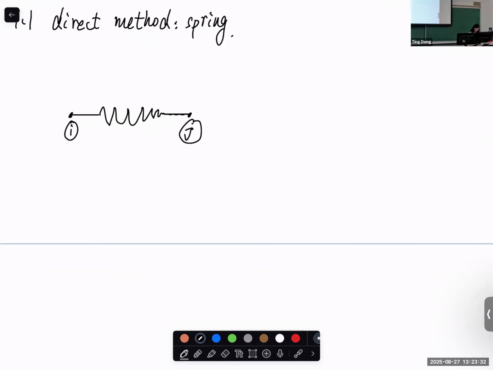And for the force applied at node I, I put it as f_I, with superscript E for this specific element. And the same thing for the force applied at node J, I put it as f_J. So the subscript is the node label, and the superscript becomes the element label.